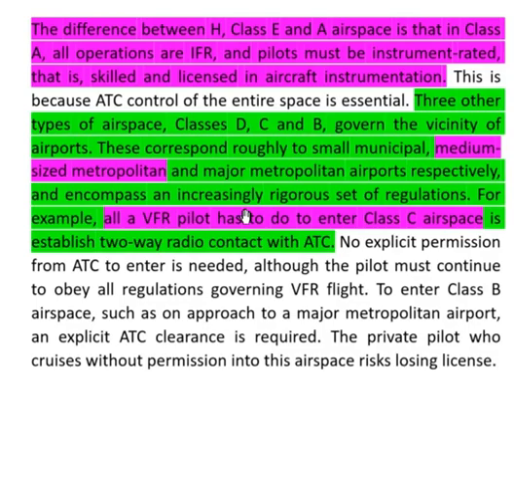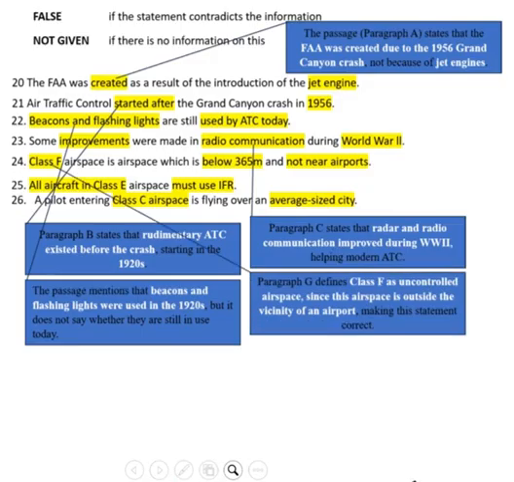Paragraph G defines Class F as uncontrolled airspace, since this airspace is outside the vicinity of an airport, making this statement correct. You have to decide whether the statement is true, false, or not given.